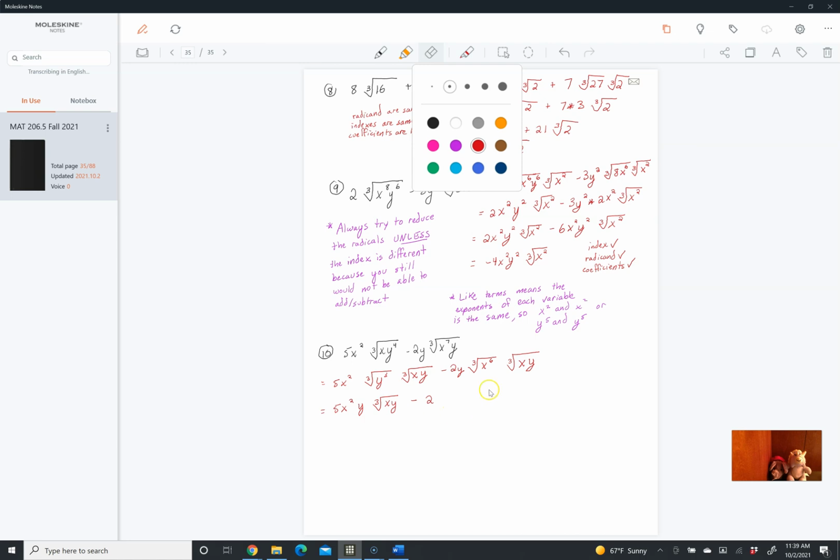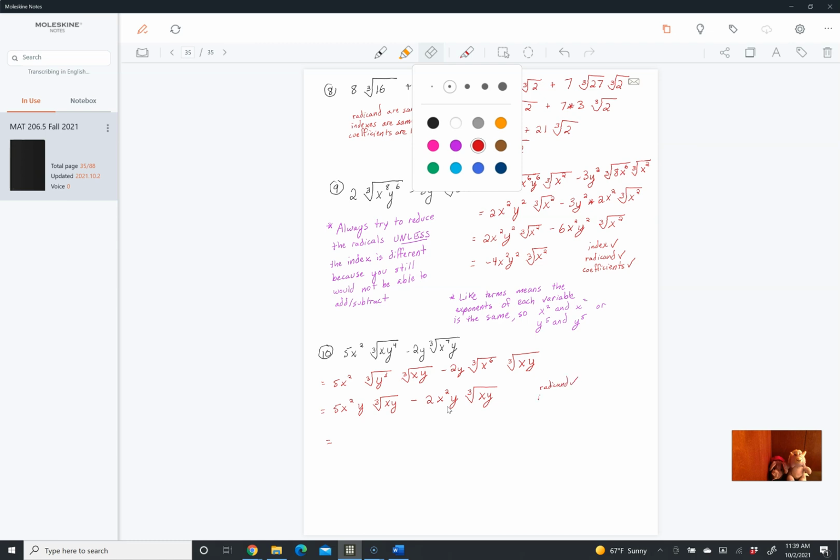And then x to the 6th, the cube root, 6 divided by 3 is 2. So I can put the x squared before the y. Or I could put it after, it doesn't matter. But for elegance, in other words, because it looks nicer, put the x squared first. Same thing, cube root of x to the 6th is x squared. Multiplication is commutative, so we could switch the order. And then we have the cube root of x times y.